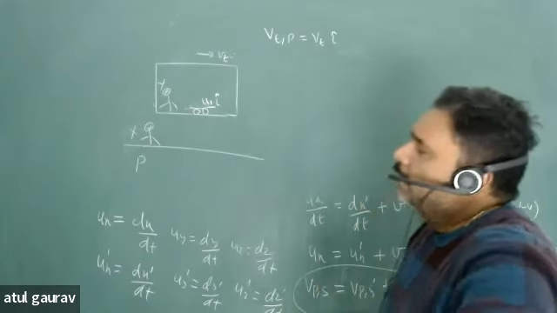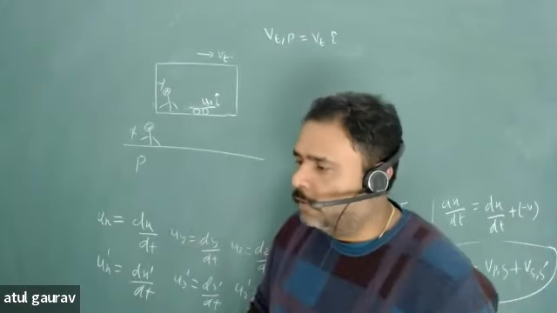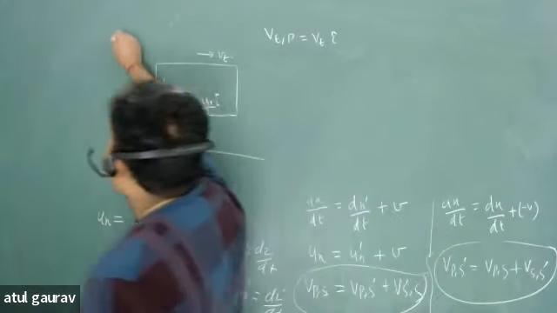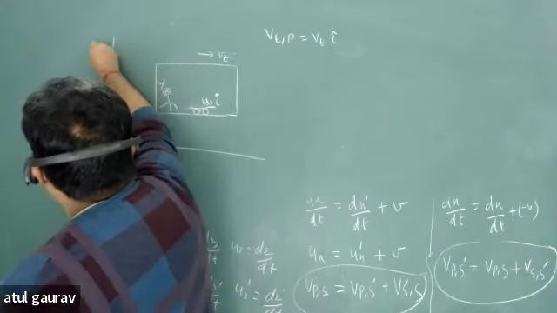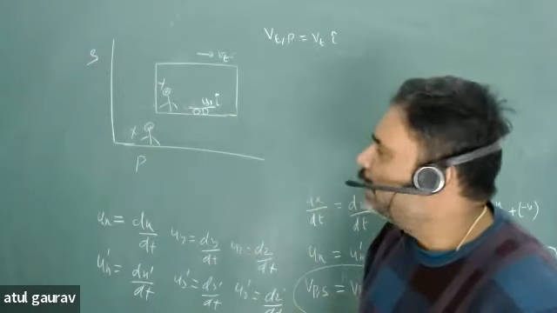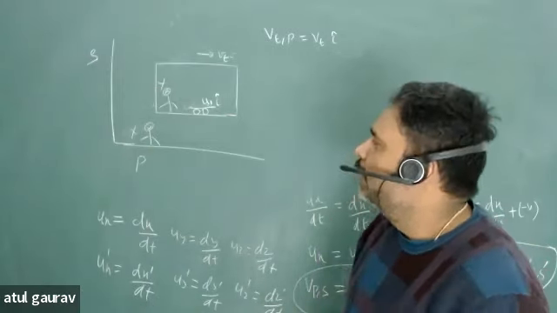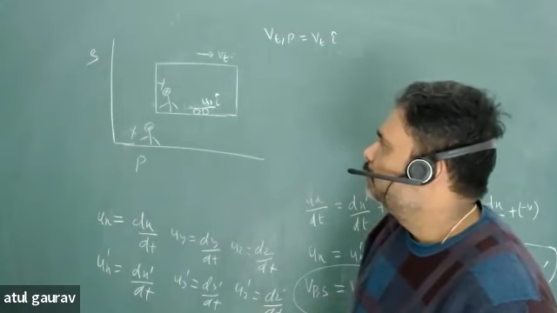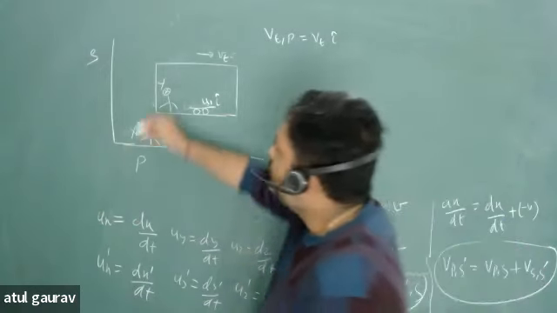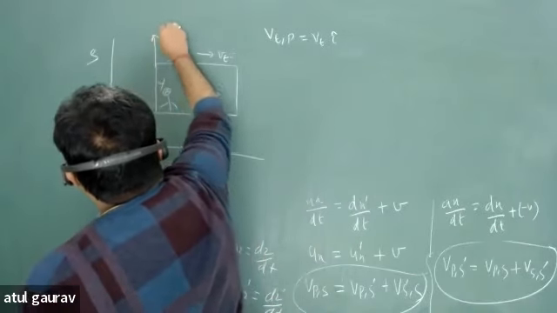Then the uncle knows how to apply Galilean transformation. He keeps himself as the S frame, and he says this train is the S dash frame.